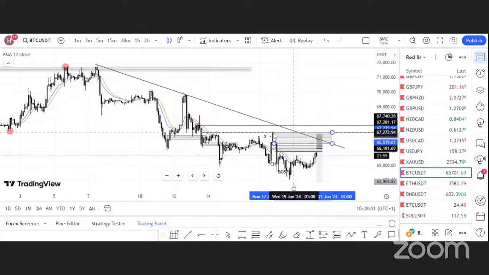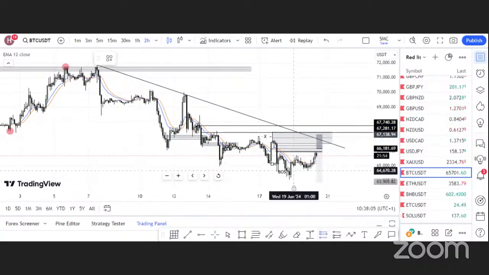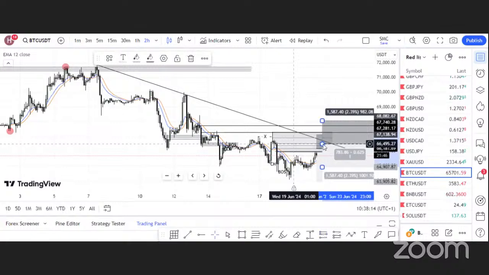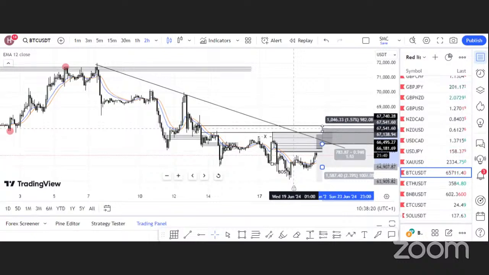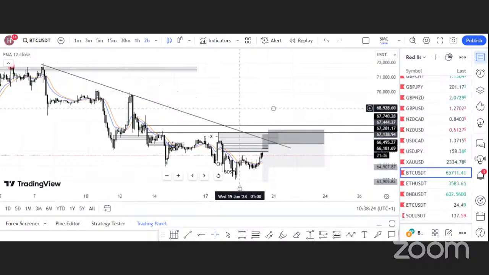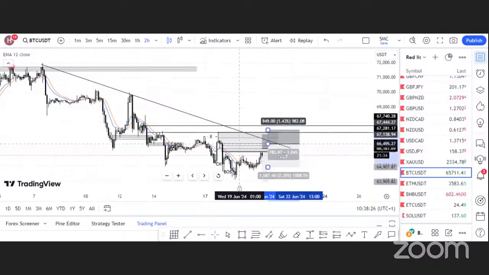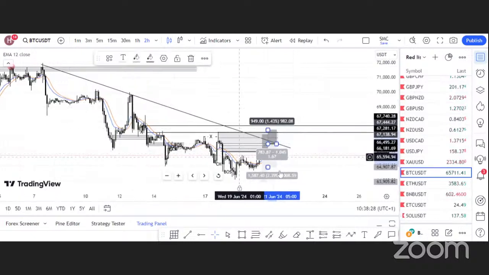The market can go as far as getting to this level. I like this level better because we have our trend line there, and the trend line also serves as trend confirmation.